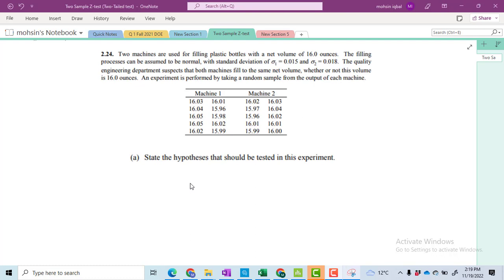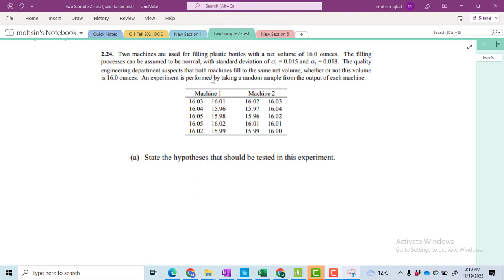If the question arises of why I have selected a z-test for this question, it is clear that the standard deviation of machine 1, sigma 1, is 0.015 and the standard deviation of machine 2 is 0.018. Whenever the standard deviations of the populations have been provided to us, we will always use the z-test.